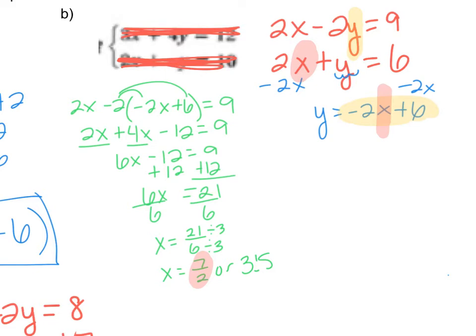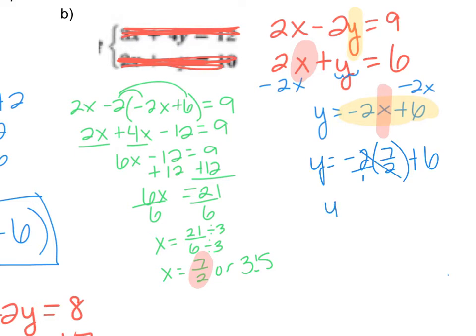Okay, so we have y equals -2 times 7/2 plus 6. Oh, sweet, those cancel.